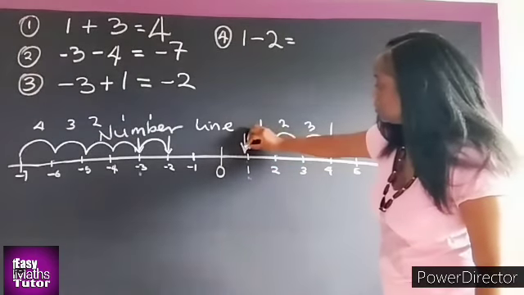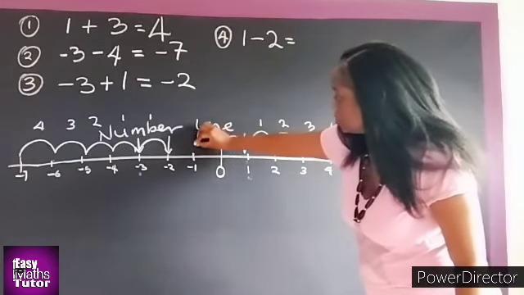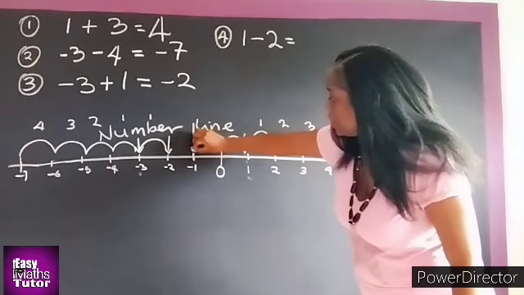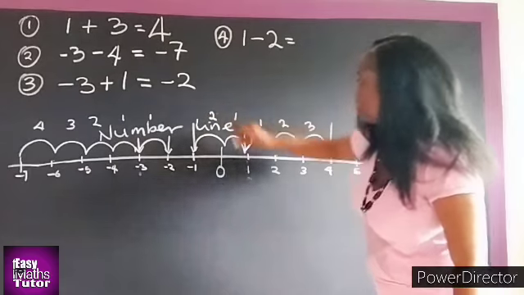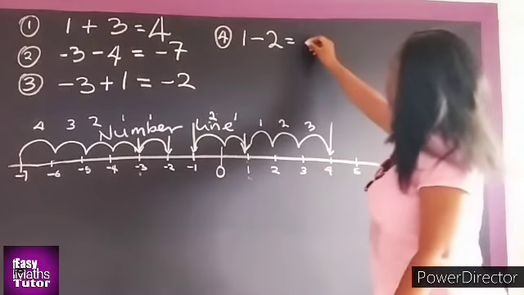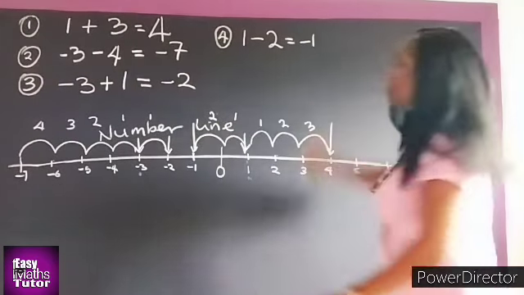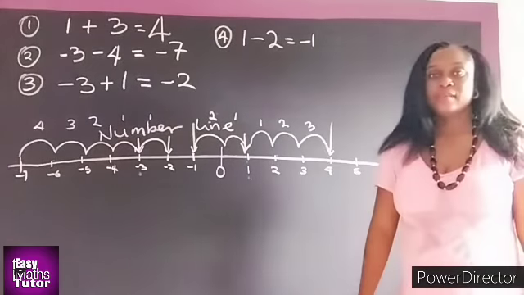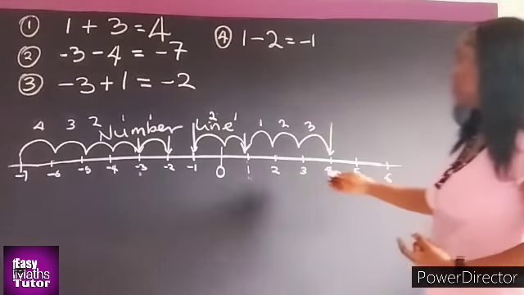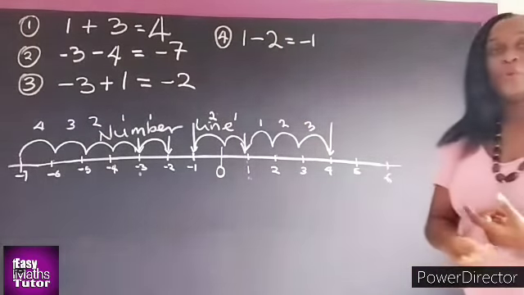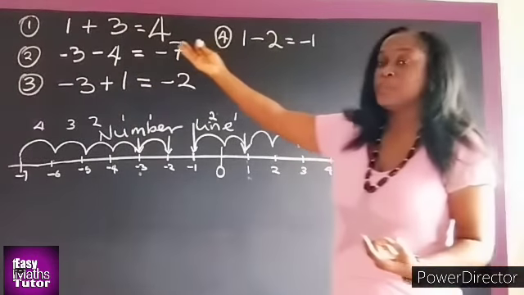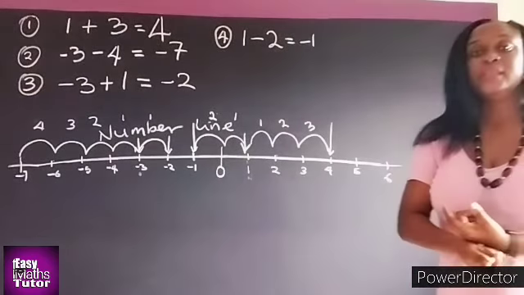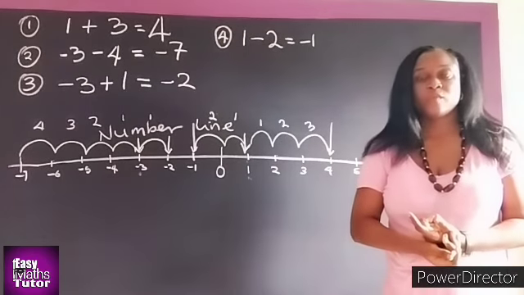So from 1, we'll count 1, 2. Counted once and twice backwards. So that gave us minus 1. That's how to use the number line to solve your arithmetic that has to do with positive numbers and negative numbers.